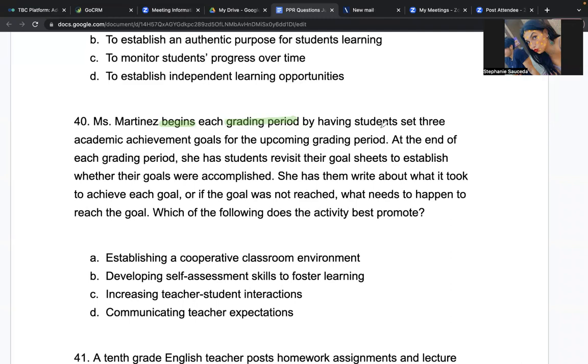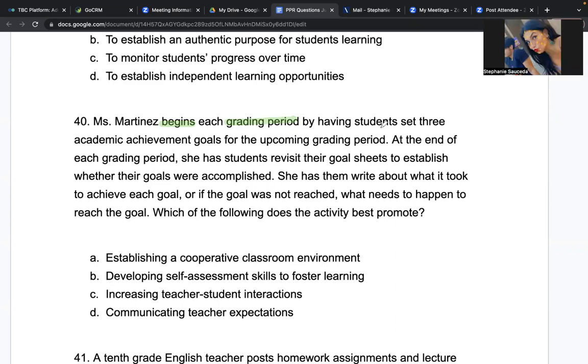What does that mean in layman's terms, academic achievement goals? They met the lesson, they understood the lectures. Student progress.